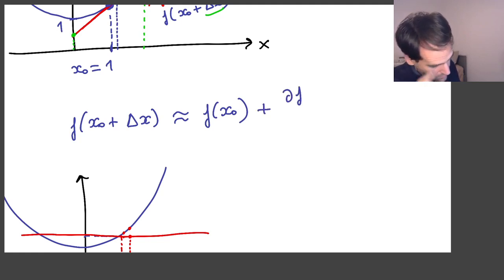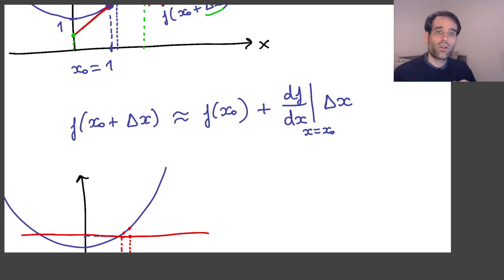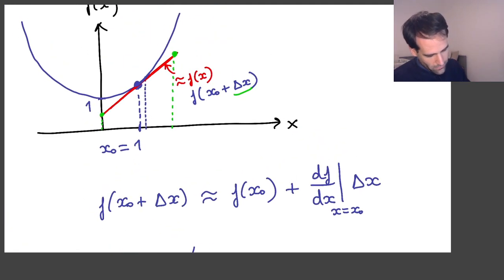Sorry, not partial, because we are in a one-dimensional function. So the derivative of f with respect to x evaluated at x equals x0 times delta x. And this is the first order term in the Taylor expansion. Okay? And keeping these two terms, we are writing the equation for this line here.